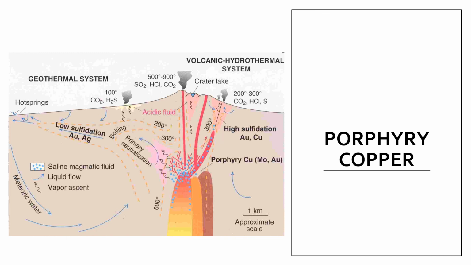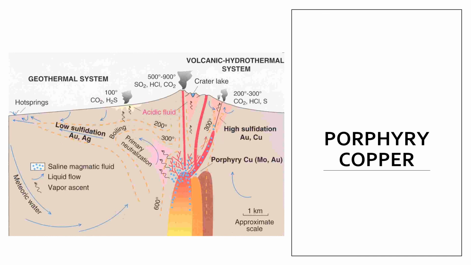Now the intrusive body and the area immediately around it is your porphyry copper deposit, and then the area above it, which is mostly in contact with the hot and acidic hydrothermal fluids, you get your high sulfidation gold and copper.